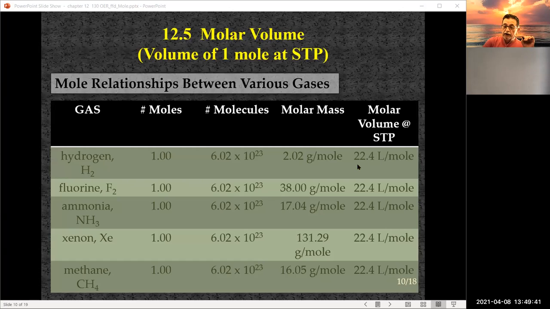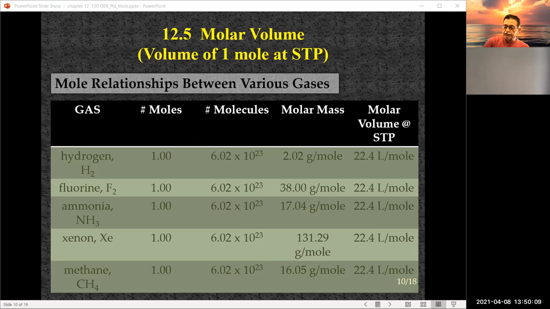So that is called STP, standard temperature and pressure. At STP, things like hydrogen gas, fluorine gas, ammonia, xenon, methane, there's 1 mole of that gas. Well, all of them have in common Avogadro's number of molecules, 6.02 times 10 to the 23rd.